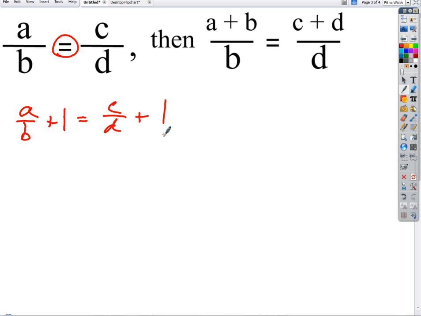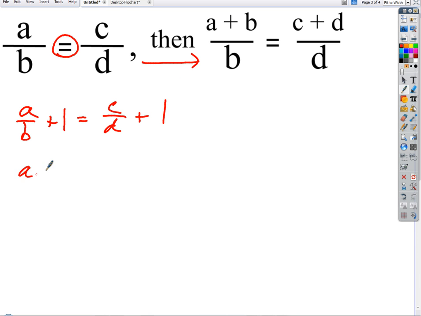Well, this is all I've done in getting from this step to that step. If I want to add the fraction A over B to 1, if you go back to pre-algebra and algebra 1, how do we add fractions? What do we always have to have? Common denominator. So if I want to add A over B plus 1, I have to multiply the 1 by B over B, right?